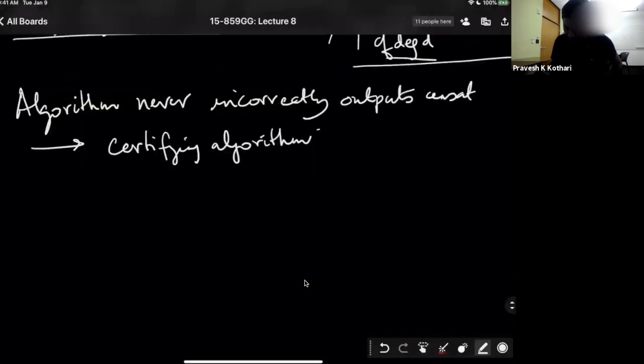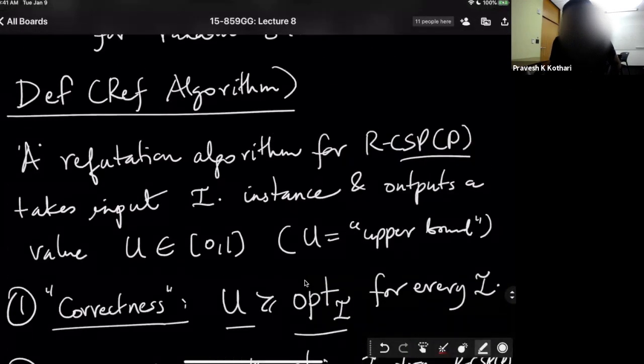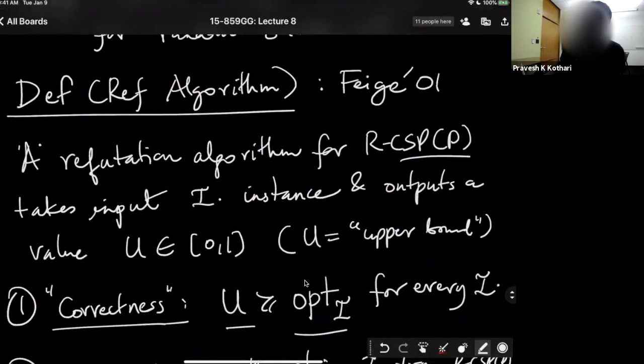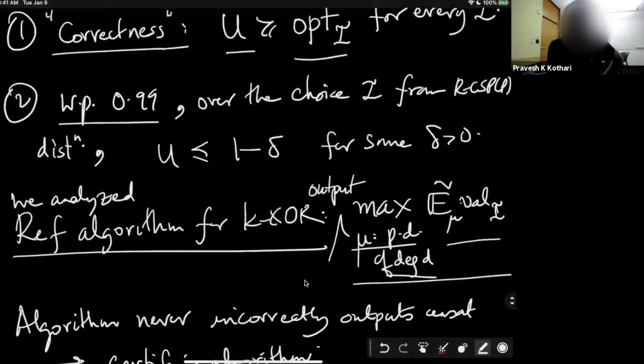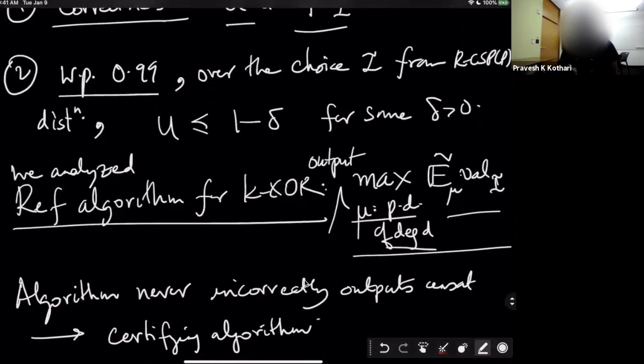Okay. So this definition that we wrote down, this idea of studying refutation algorithms, was first studied by Feige. And he asked, if I look at, let's say, a random 3XOR or whatever, is there an efficient refutation algorithm?